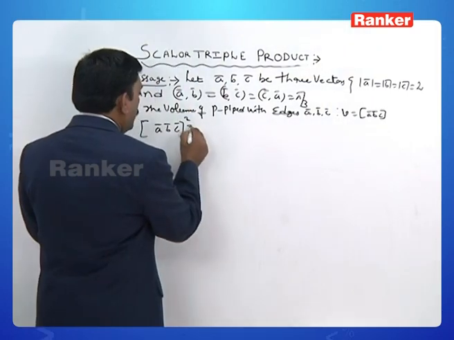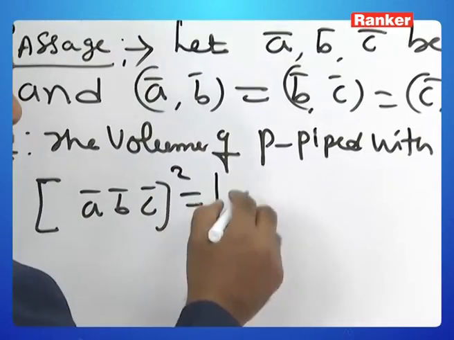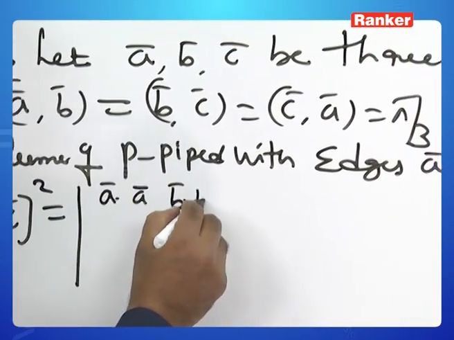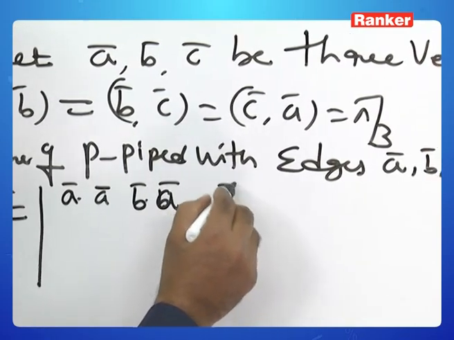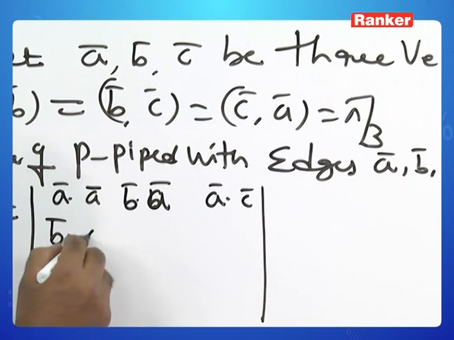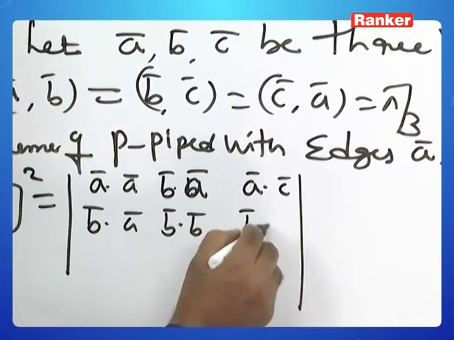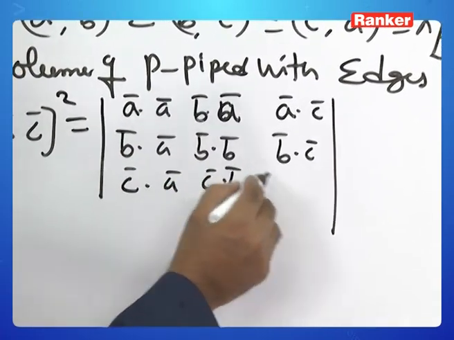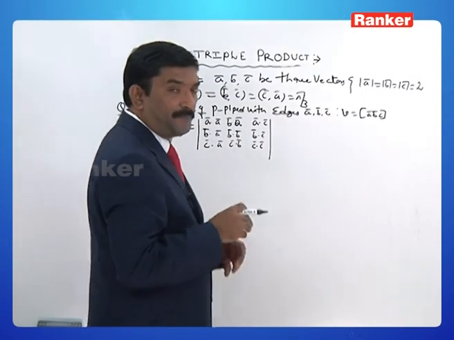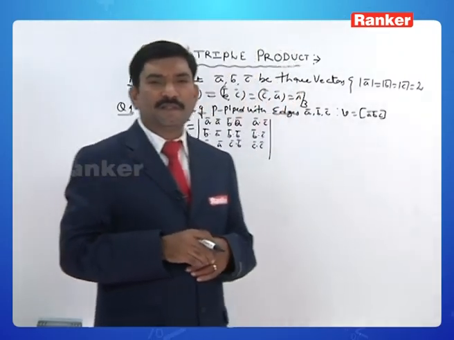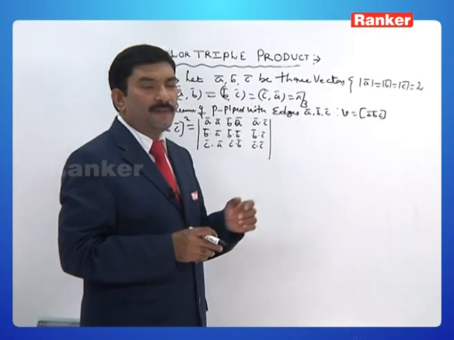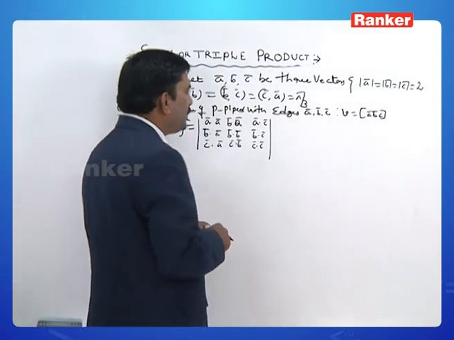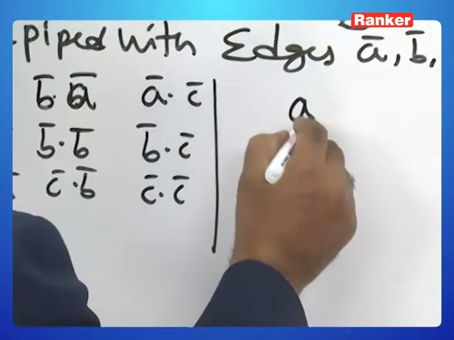So this is nothing but A dot A, B dot B, B dot A, B dot C, and so on, with the rows A dot A, A dot B, A dot C; B dot A, B dot B, B dot C; C dot A, C dot B, C dot C, where B dot A is the same as A dot B. Without this concept, it is difficult to find out the volume.